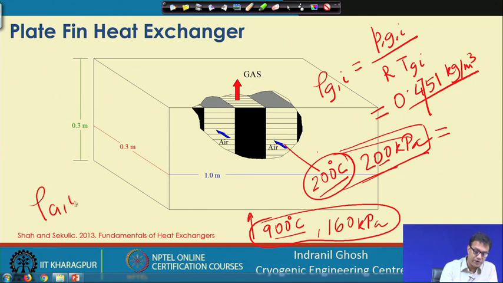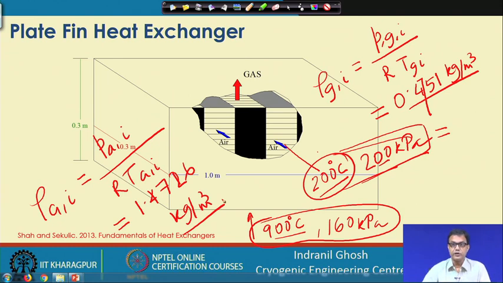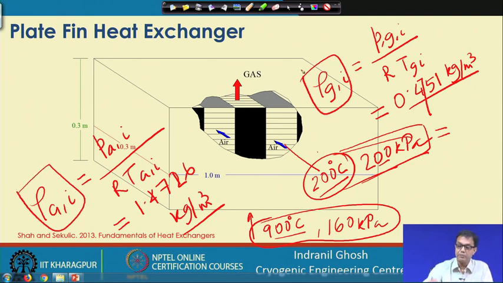Similarly, rho of air at the inlet can be considered as P_a,i divided by R T_a,i, and this will come out to be 1.4726 kg per meter cube. So, now we know the corresponding densities at the entry, and we have the knowledge about the volumetric flow rate, so we will be able to calculate the mass flow rate of the air and the gas.